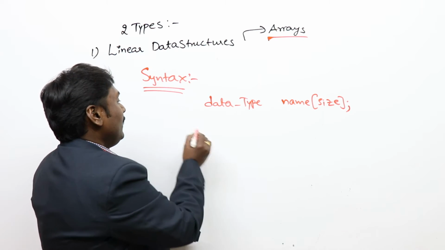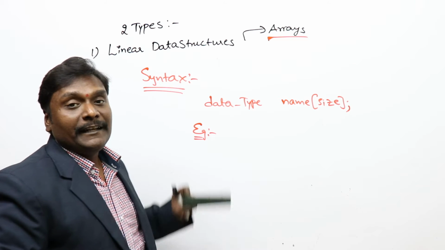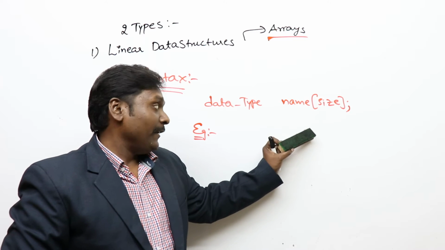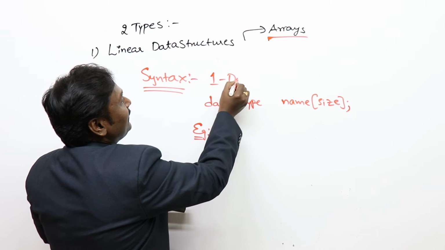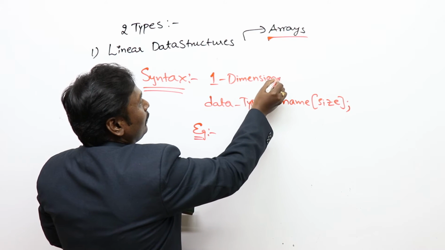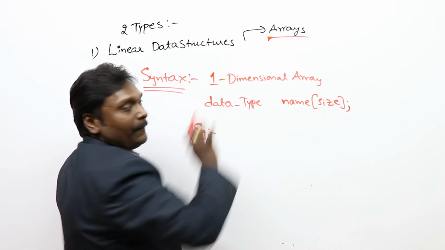Now an example for an array. How can we define an array? You must specify the size while you are defining it. This is a one dimensional array.